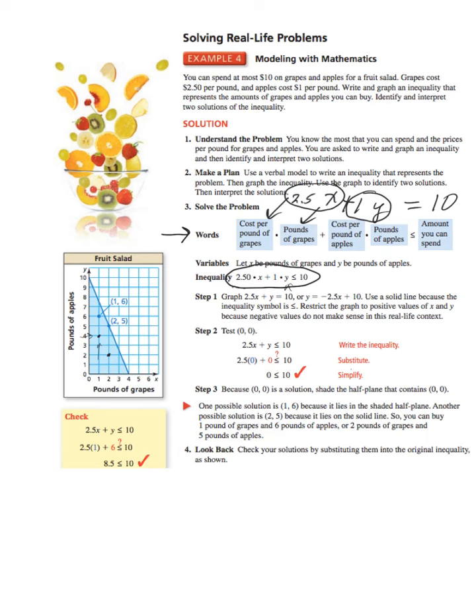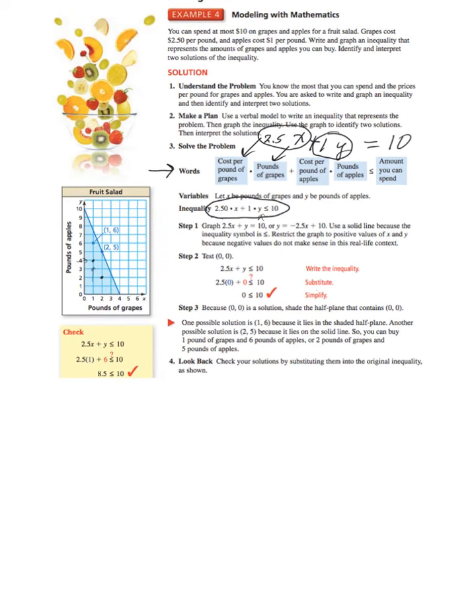What I'd like you to do, now that you're finished, is, if you need to, go back and make sure you understand some of these questions. Hopefully you wrote this stuff down in your notes. But right now I'm going to ask you to go to Big Ideas, and in Big Ideas, I want you to go to the Algebra 1 homework 5.6 and do that.